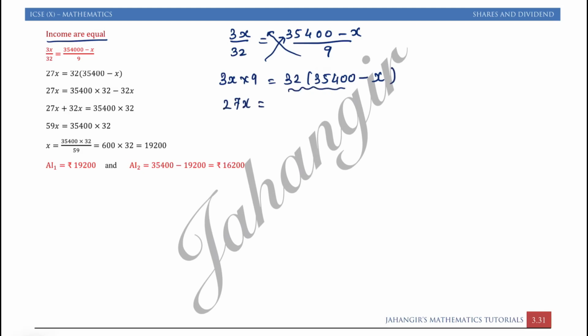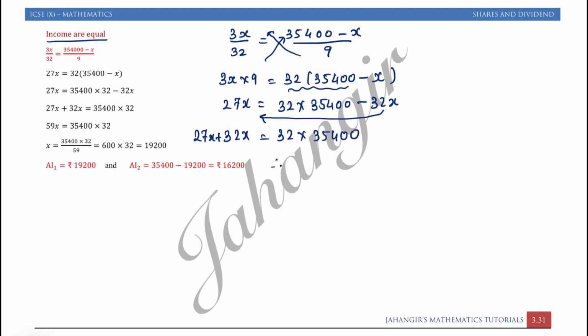Here don't multiply this, it will become too large a number. So I will keep it as it is: 32 into 35,400 minus 32x. Now 32x you can shift to the other side. 27x plus 32x is equal to 32 into 35,400.